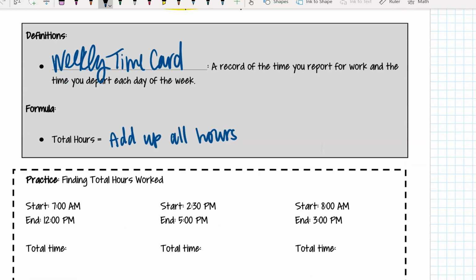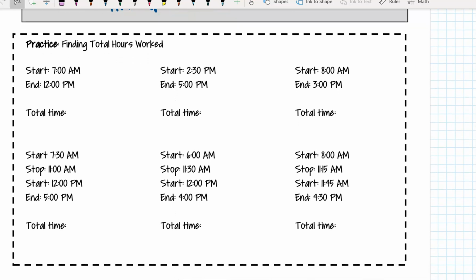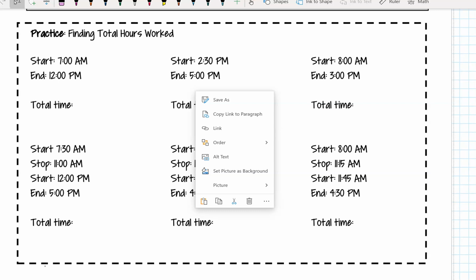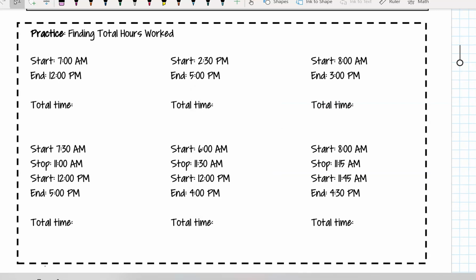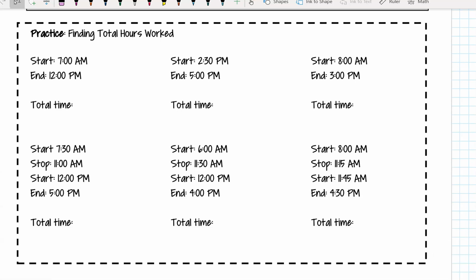Okay, so we're going to practice below in this lovely little box right here. We're going to find our total hours for each part. There's 6 parts. The first one right here, we start at 7 a.m. and we end at 12 p.m. So how many hours did I work from 7 a.m. to 12 p.m.? Seth, go for it.